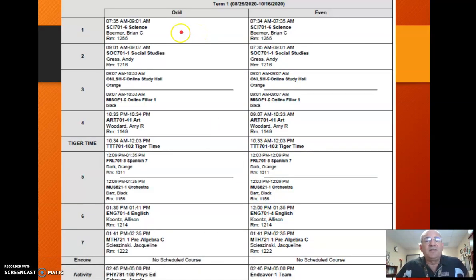For this student, in term 1, on odd days, they will have science every day, so that will be the full block. Second period would be on even days. This is an everyday class, since it happens both odd and even, so it would happen first on even days.